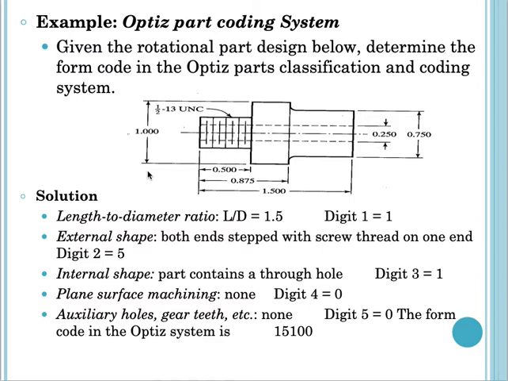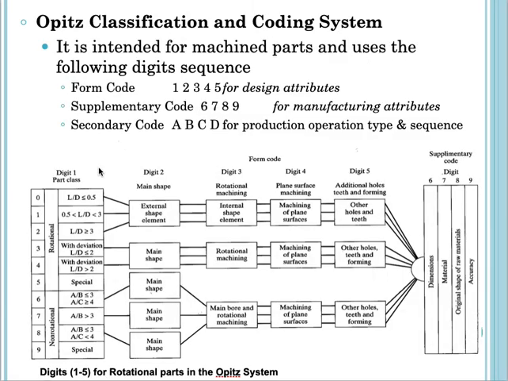If you want to code this, take the length to diameter ratio, L/D, that is 1.5. As I have told, this is the first digit, where it lies among 0, 1, 2, 3 you have to check. If L/D is less than or equal to 0.5, you put 0, or if it lies between 0.5 and 3, you put 1.